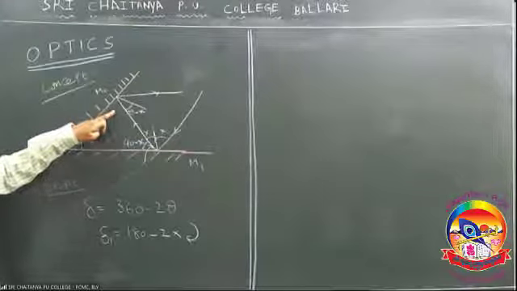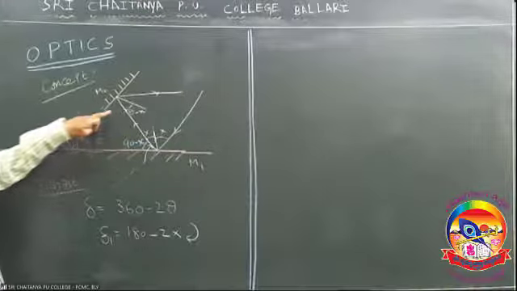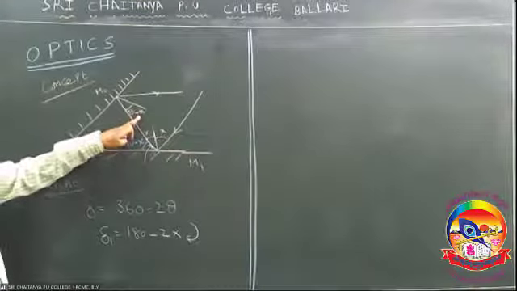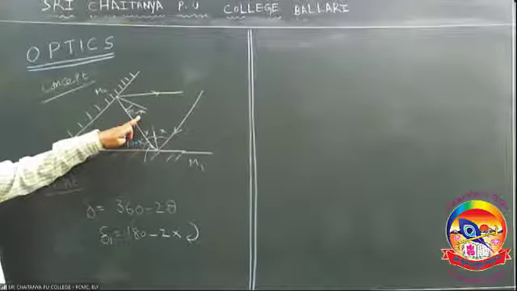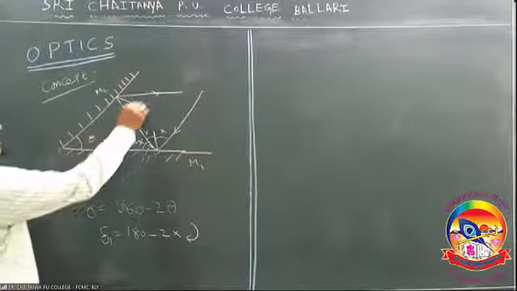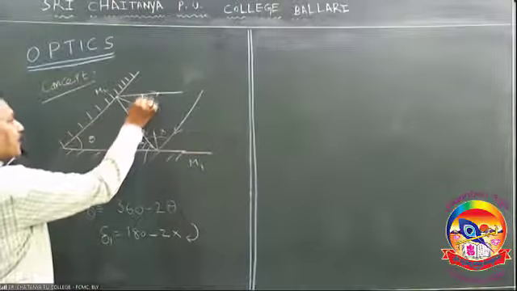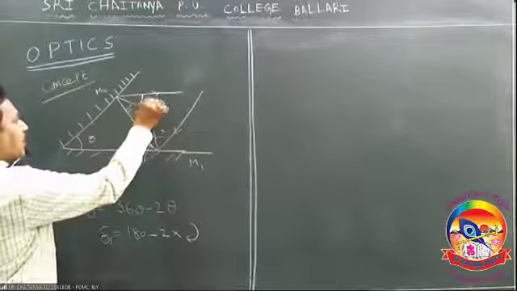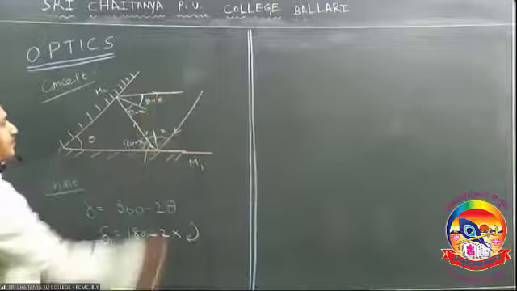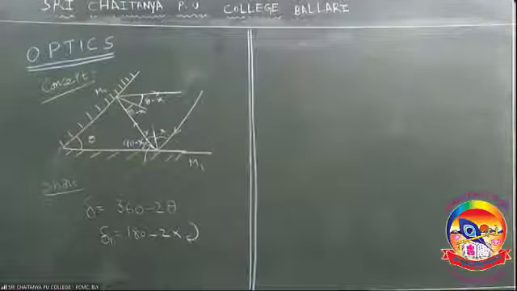After getting this value, subtract from 90 and we will get this value. This is the angle of incidence on the second mirror. The angle of incidence is equal to the angle of reflection, so this is also theta minus x.